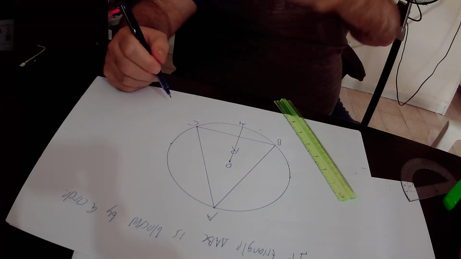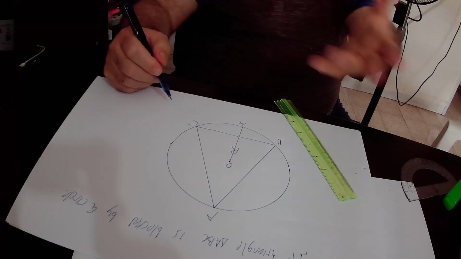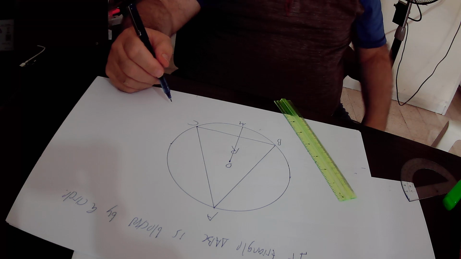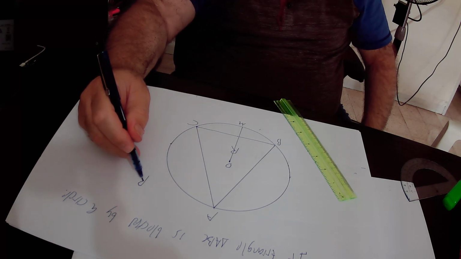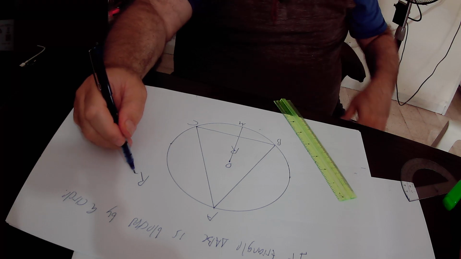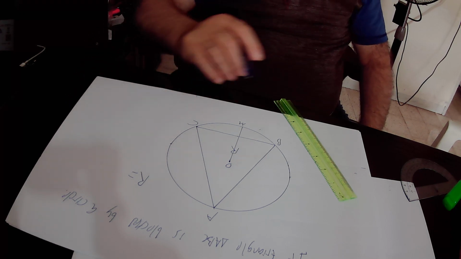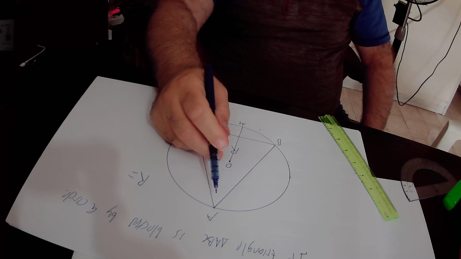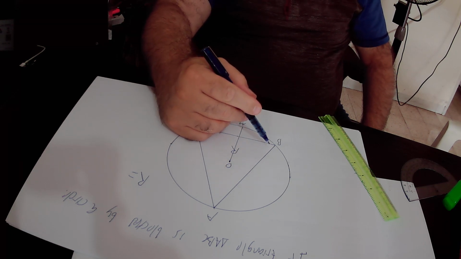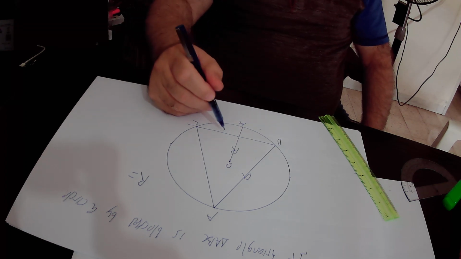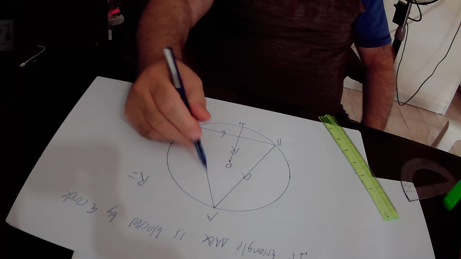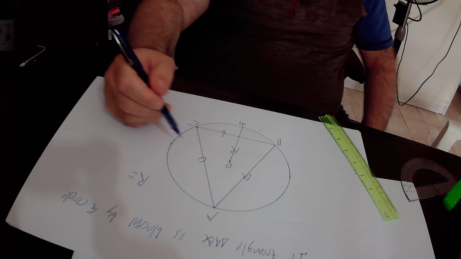So whenever you have a triangle ABC, that could be any triangle, that is blocked by a circle, then the radius of this circle, that is to say capital R, will be equal, here the length of side AB equals A units, side BC equals B units, and side AC equals C units in its length.